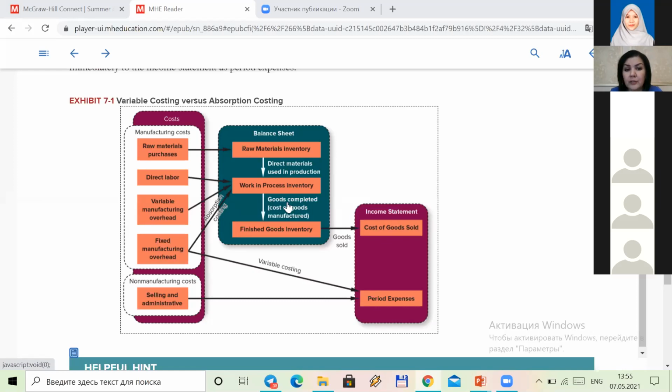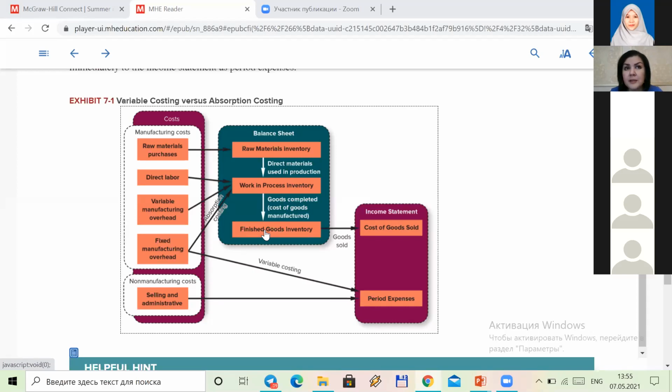This cost of goods manufactured then will be transferred to finished goods inventory, awaiting until the company sells them.